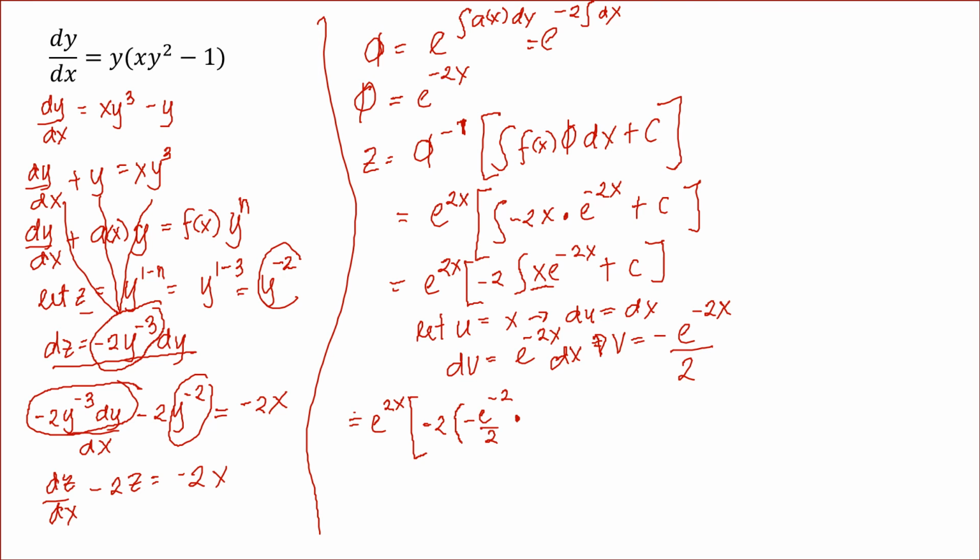What is your value of u? It is x. Minus the integral of v du, so we take out the negative, and you have -e^(-2x)/2 dx] plus c.